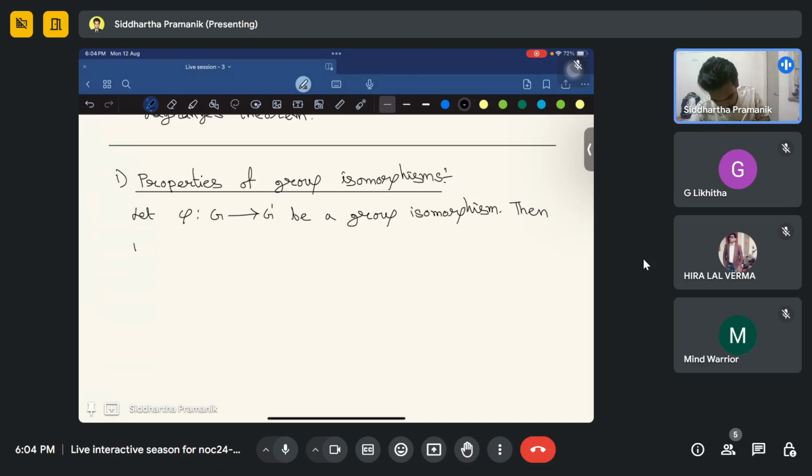First one: since phi is bijective, phi inverse is also bijective. The inverse function from G prime to G is also a group homomorphism. In fact, it's a group isomorphism.